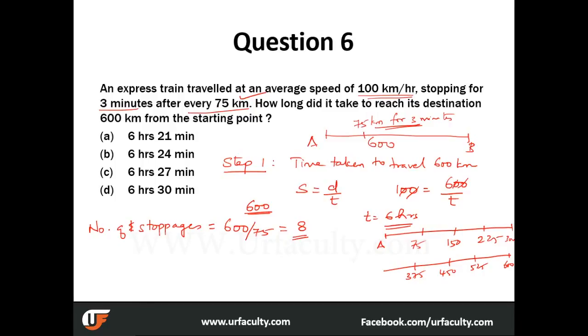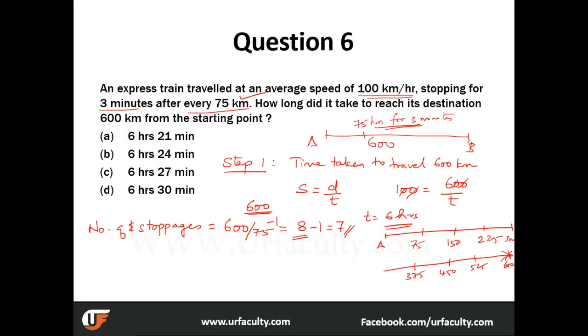But when you already reached the destination, you don't have to count that into account. So you are actually 600 by 75 minus 1, which is equal to 7. So the number of stoppages is actually 7, because the last one you don't have to consider because you have already reached the destination.